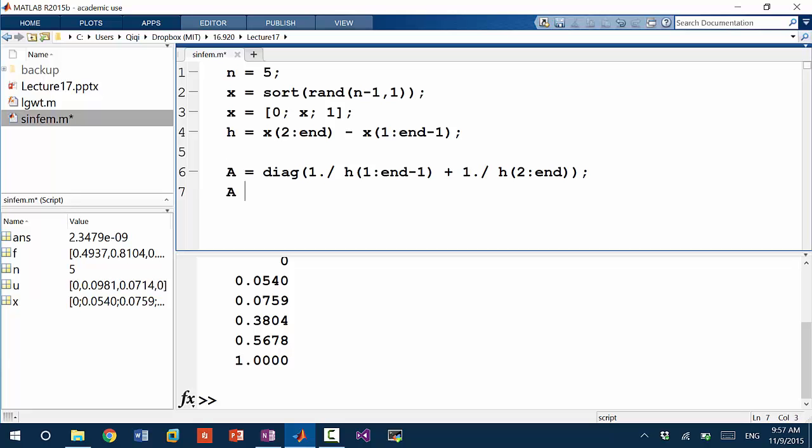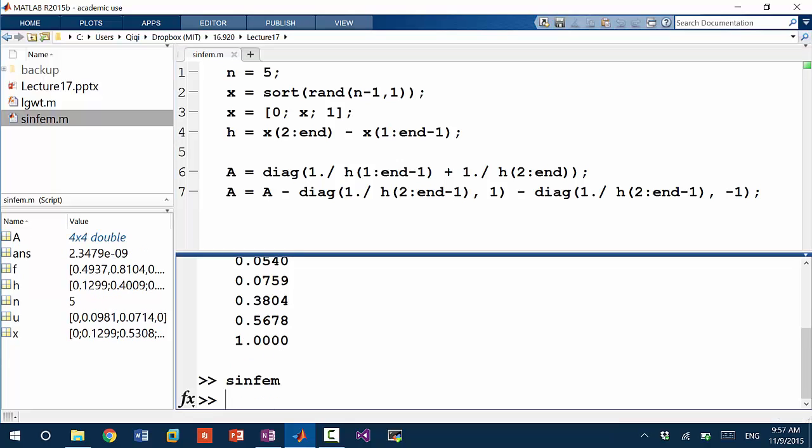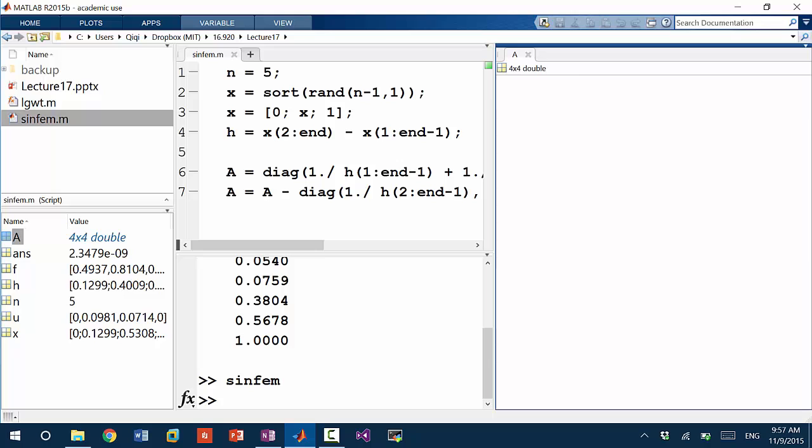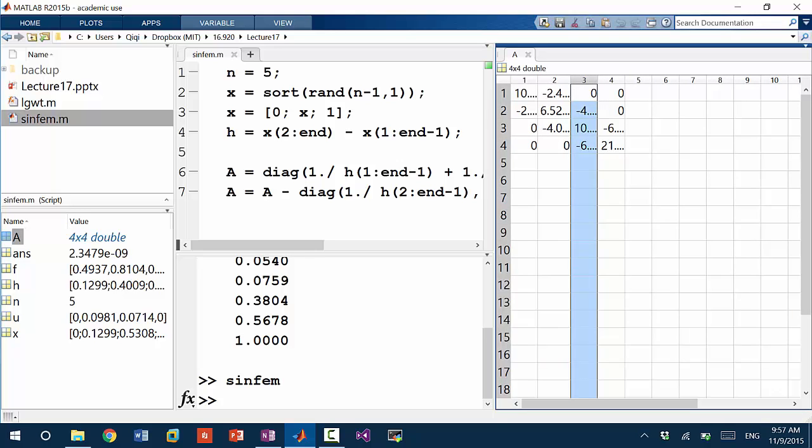The off-diagonal of the matrix is 1 divided by h from 2 to n minus 1. I'll shift it by 1 to get the diagonal on the upper side, and I also need to shift it by minus 1 to get the diagonal on the lower side. So let's run it again and take a look at the matrix. It's only 4 by 4. It's a very small matrix, and it looks like we have the right thing.